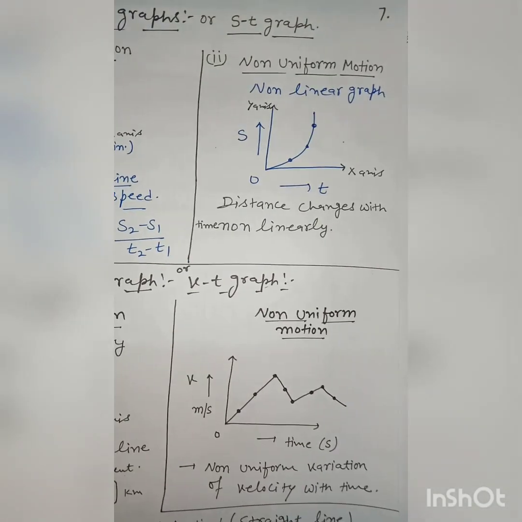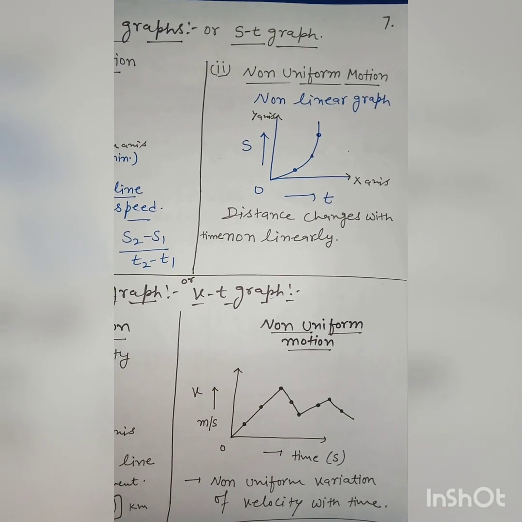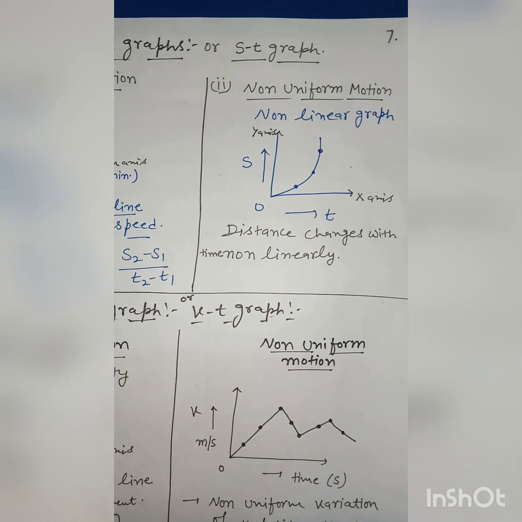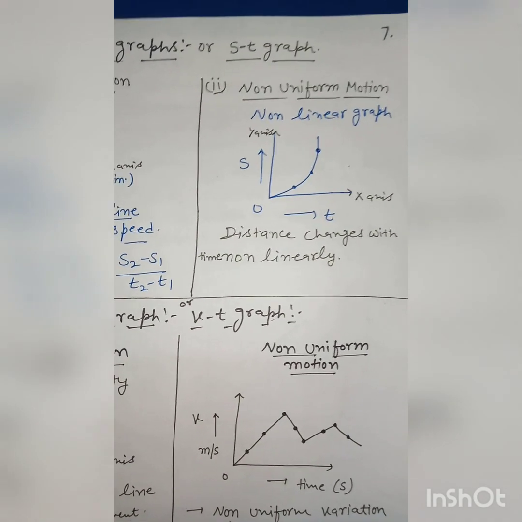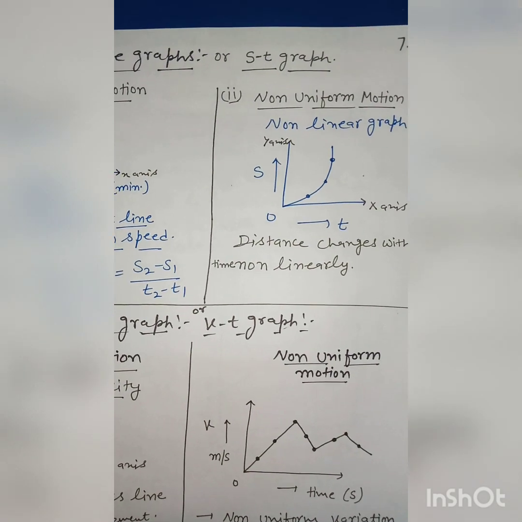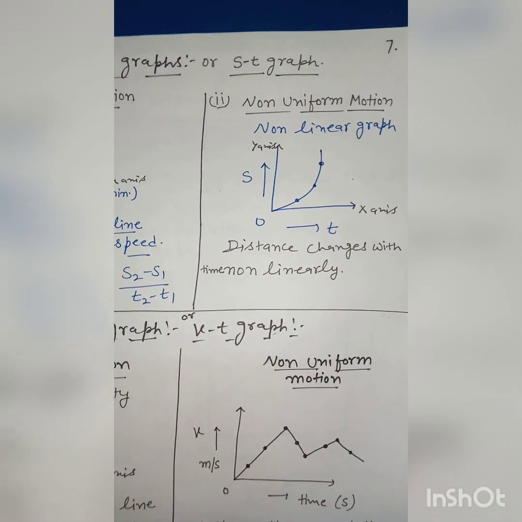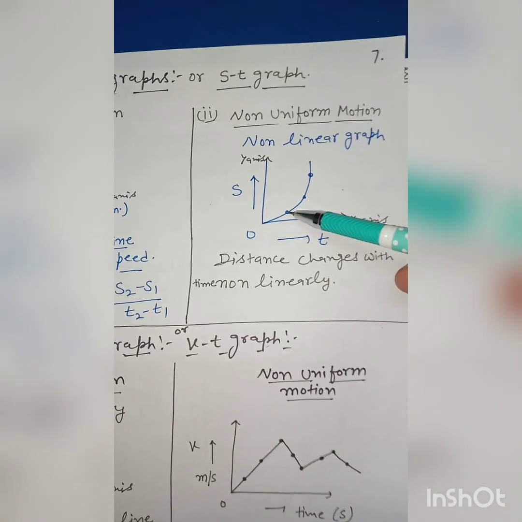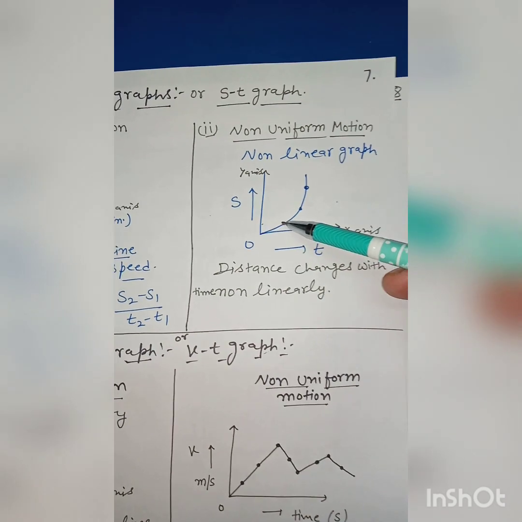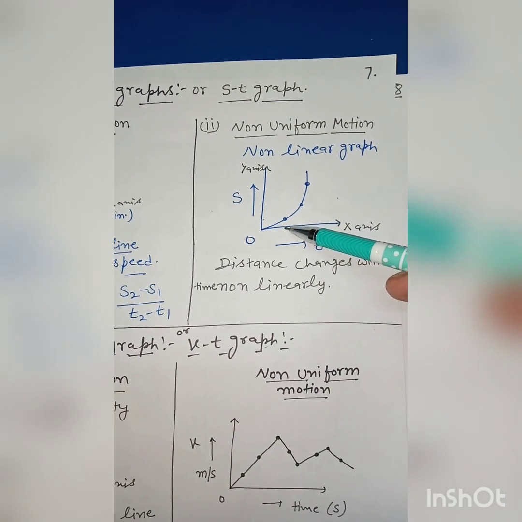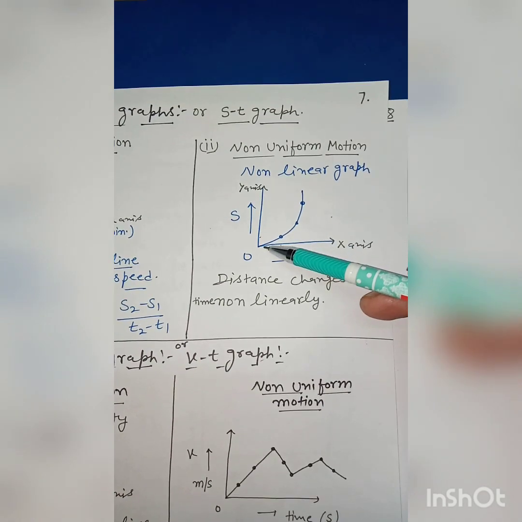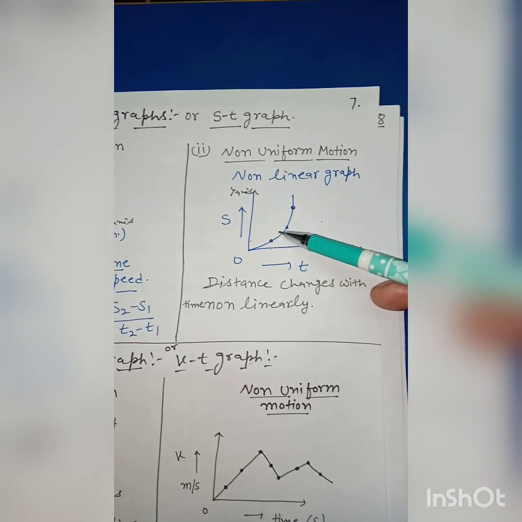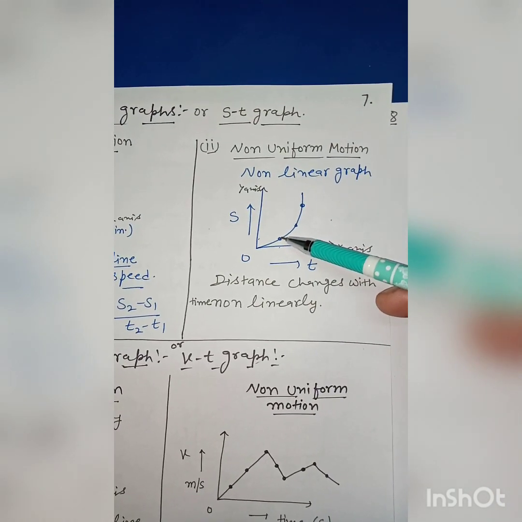In case of non-uniform motion, distance is changing non-uniformly. It is not a straight line graph. At this point distance is s1 at time t1, but for the next point, distance is not changing uniformly.